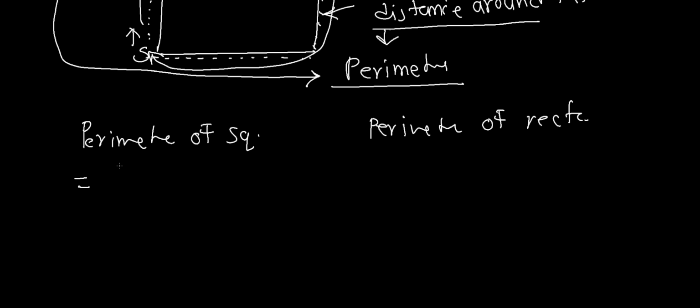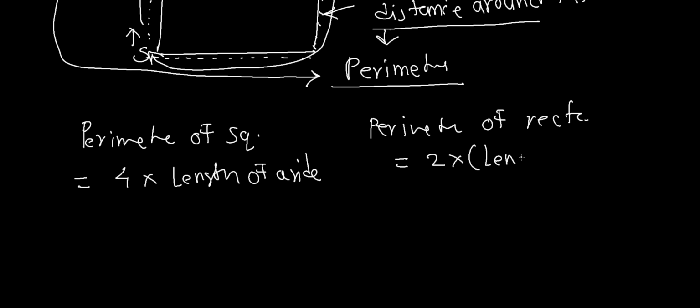What's the formula? Perimeter of a square is 4 into length of a side, and perimeter of a rectangle is 2 into length plus breadth.